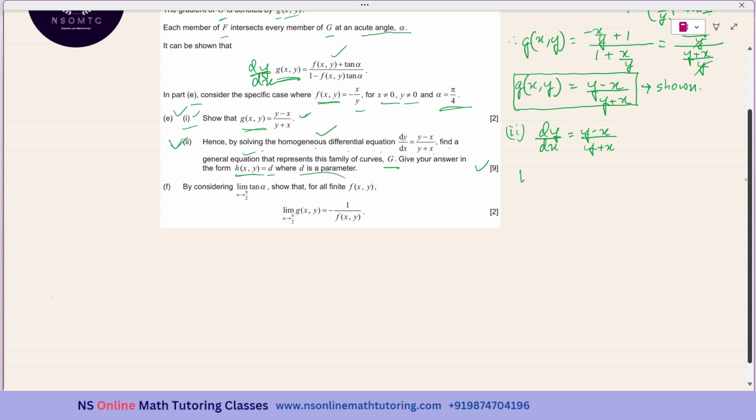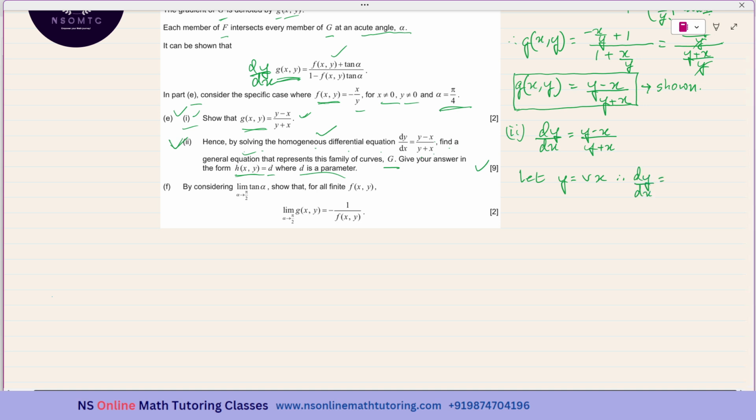Okay, so let y equal to vx. Therefore, dy by dx is equal to v, I am using the chain rule, product rule. So v plus x dv over dx.